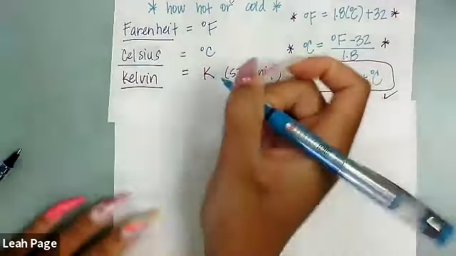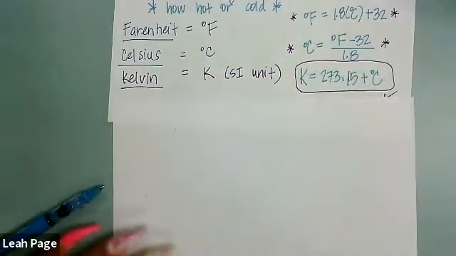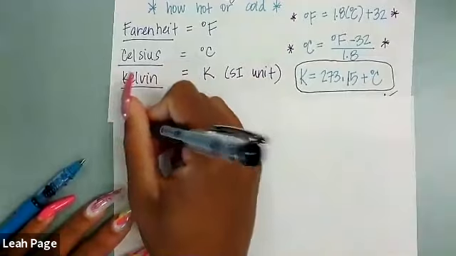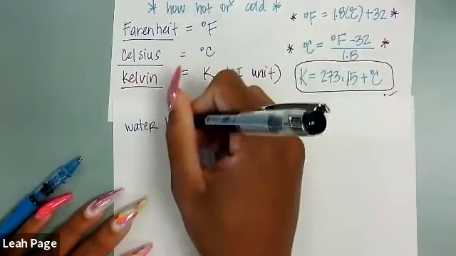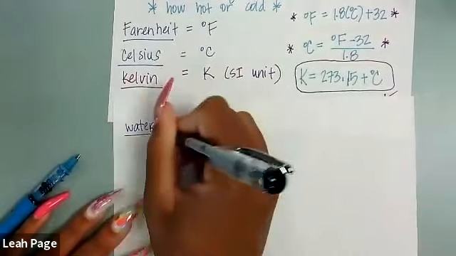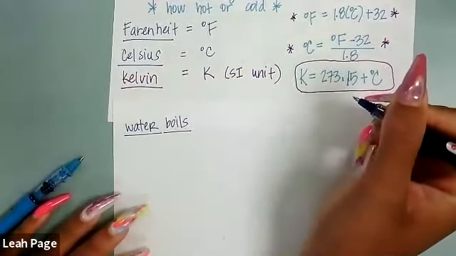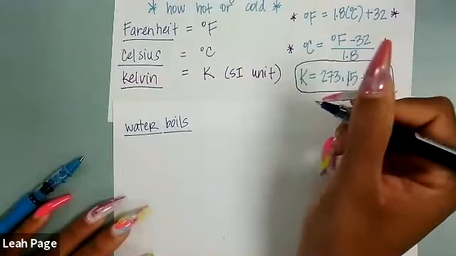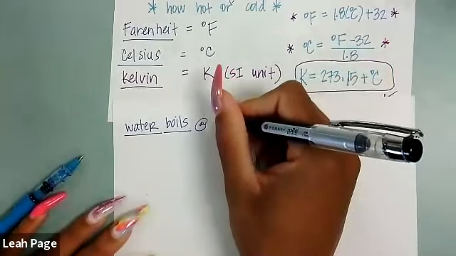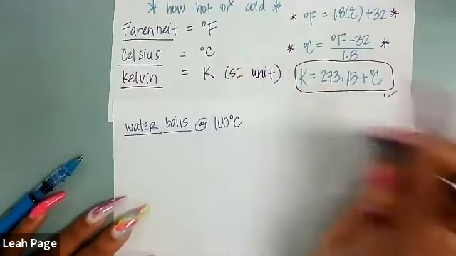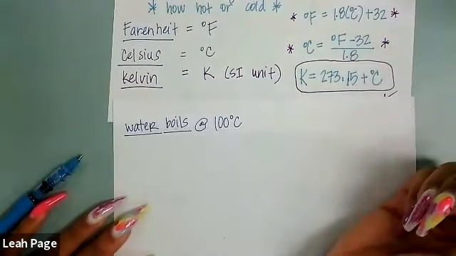All right, so first off, let's just show water. This might come up. Water boils. Does anyone know what water boils in degrees Celsius? 100 degrees. Yep, 100 degrees Celsius. It boils at 100 degrees Celsius.